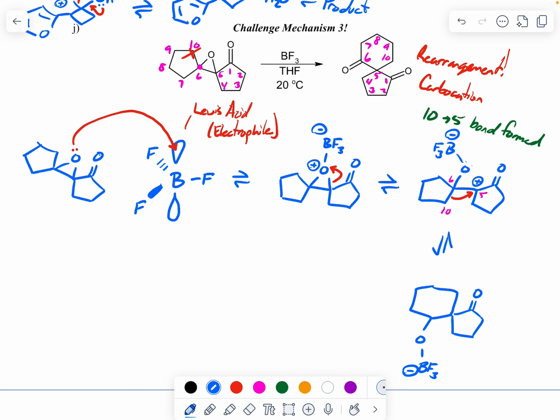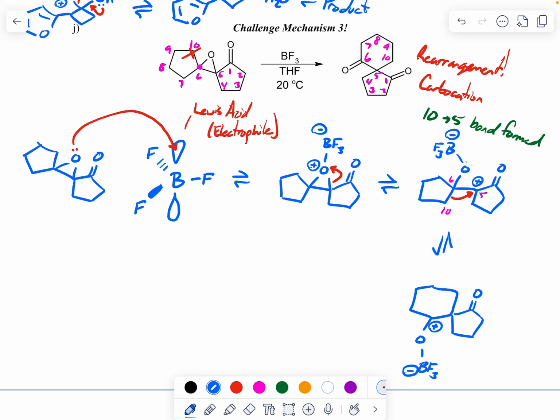So, now that we have this drawn appropriately and our carbocation is where it needs to be, the final step of this reaction can occur, because the bond between oxygen and the boron is very weak. Anytime we have something like boron, which is a Lewis acid, keep in mind that that negative charge, even though it has an octet, it's stable without having an octet in terms of not being too terrible.